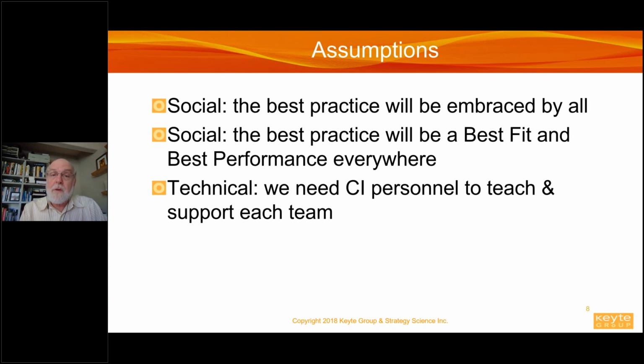The second one is also social. The best practice will also be a best fit and a best performance wherever we take it. And the third one's more technical in terms of we need folks like you to teach and support each and every team we create. Those three I want to challenge.